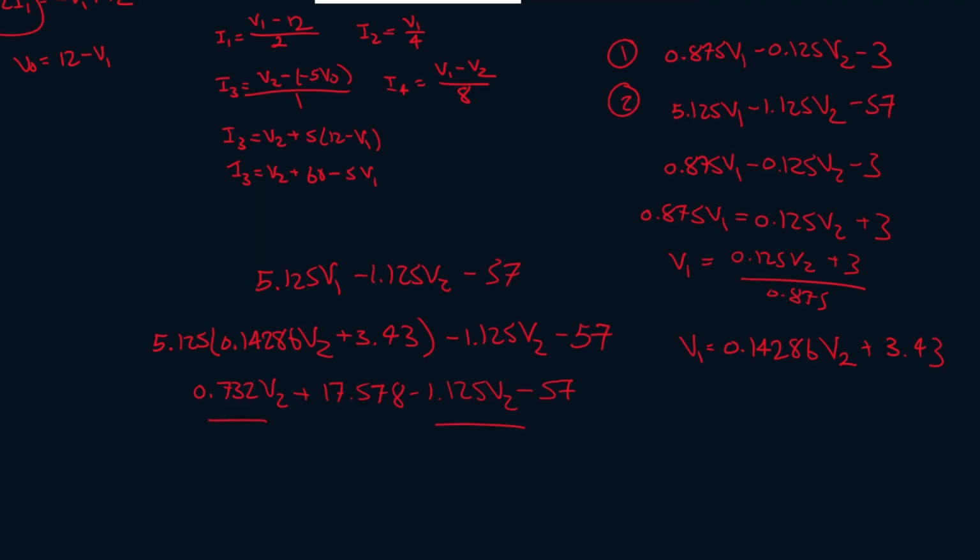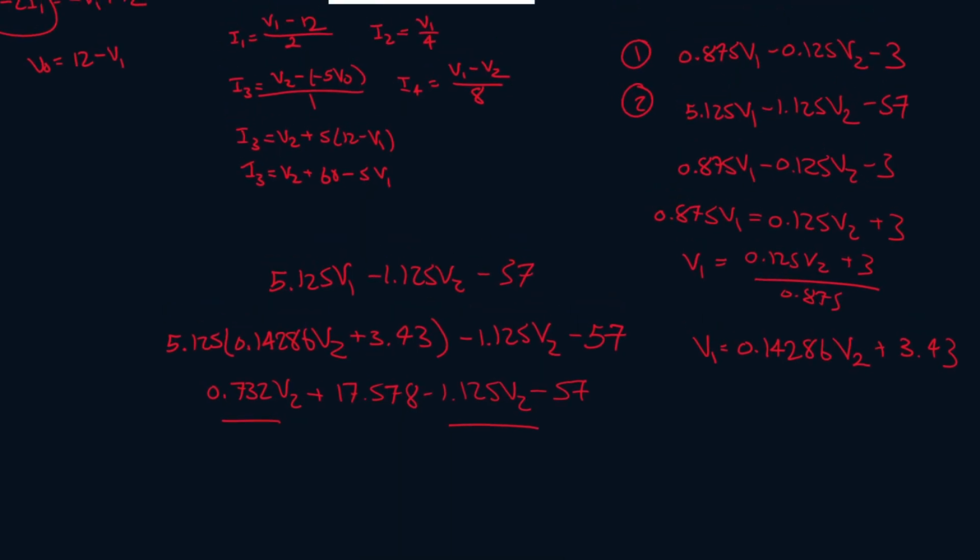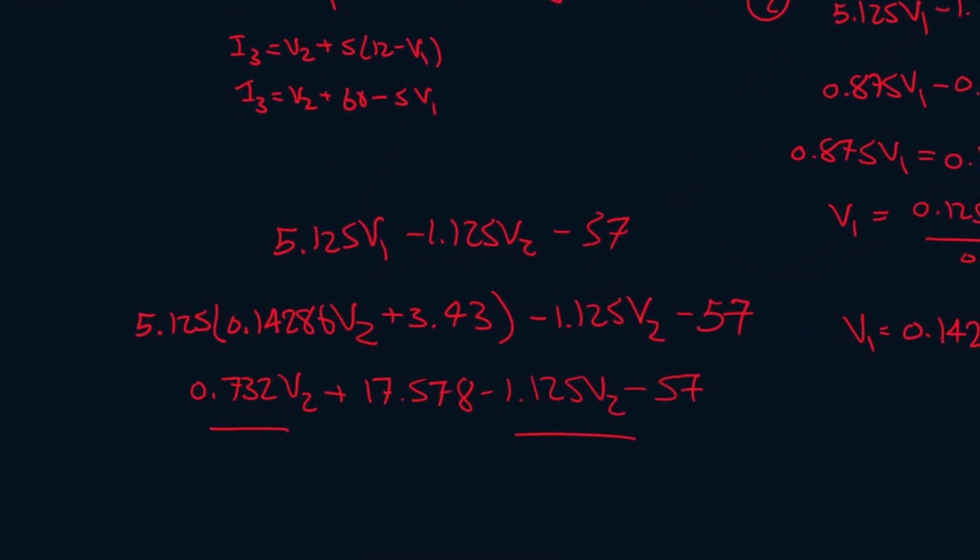Collect like terms. So 0.732 minus 1.125. That's minus 0.393 V2. Collect these two like terms. 17.578 minus 57. That's minus 39.422 equals 0. Bring that to the other side. So it'll be equal to 39.422.